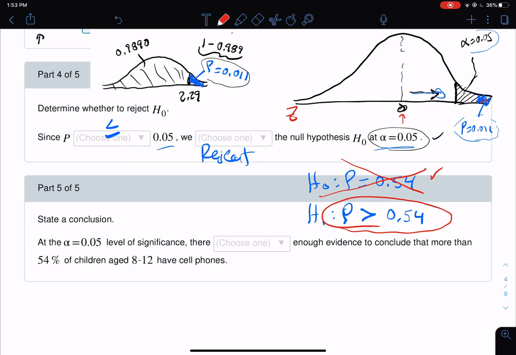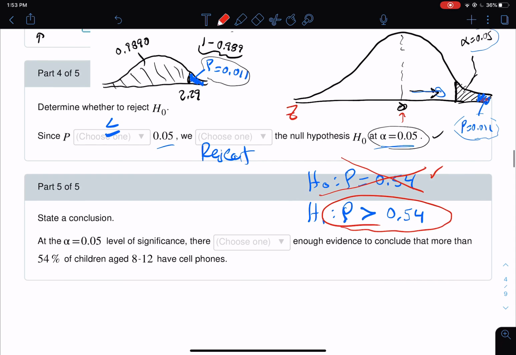At the alpha of 0.05 level of significance, there is enough evidence to conclude that more, and that more coincides with that greater than symbol, more than 54% of the children age 8 to 12 have cell phones.